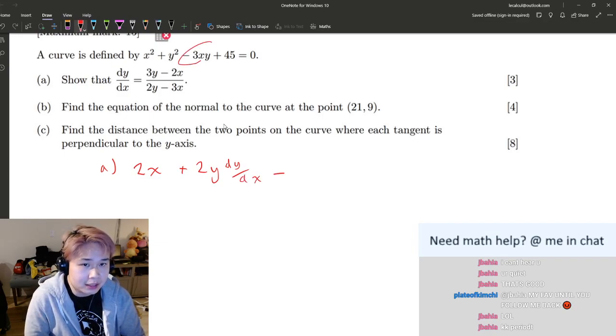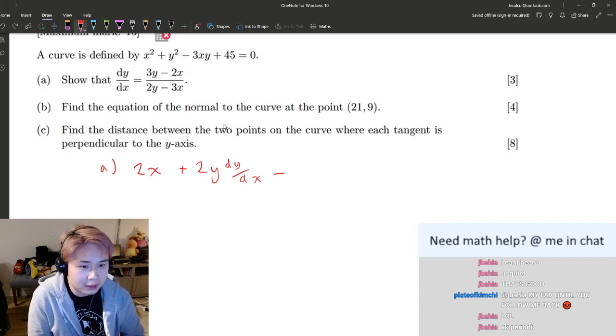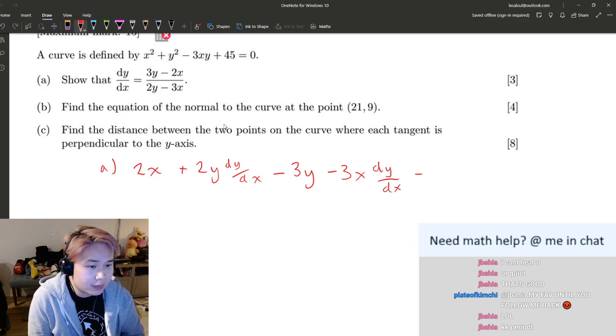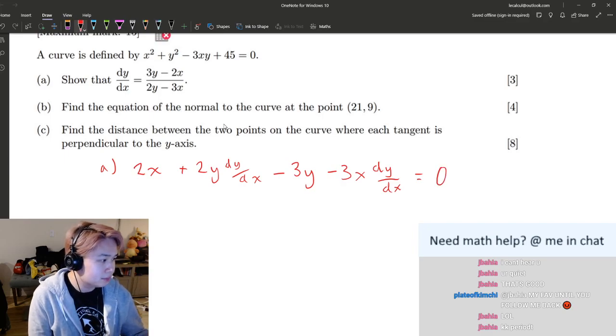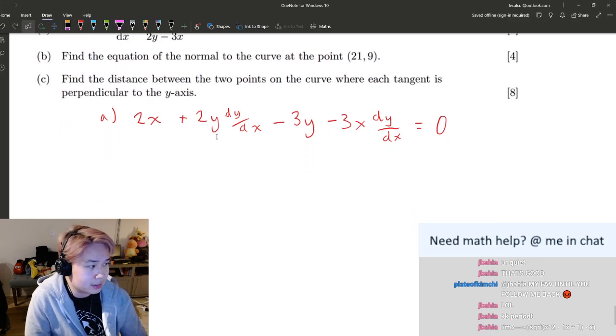And then this part here, we use a little bit of product rule. So we're going to have minus 3y and minus 3x dy dx. And then this is going to be equal to 0. And then essentially we gather our like terms of dy dx and move everything else to one side.